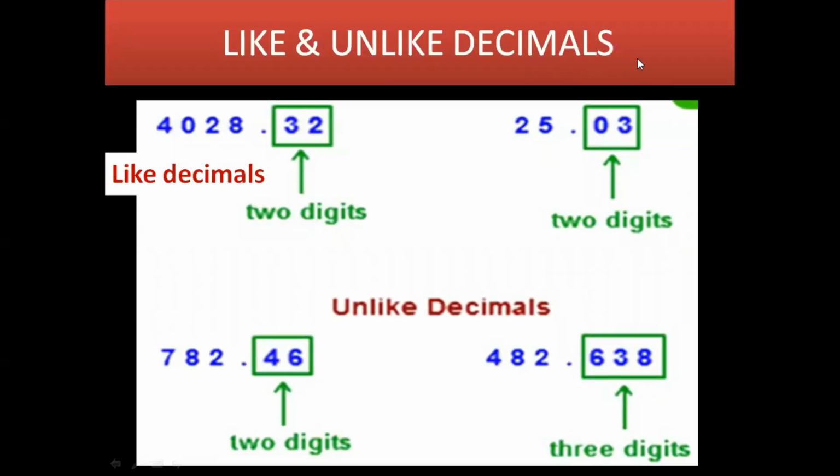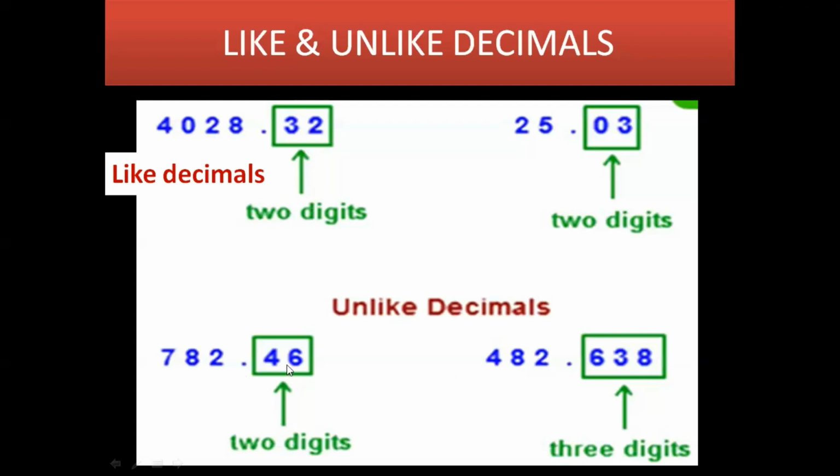Like and unlike decimals. Like decimals, for example, 4028.32. Next, 25.03. Each has 2 digits after the decimal point. In like decimals, the decimal places are the same. Unlike decimals, for example, 782.46.